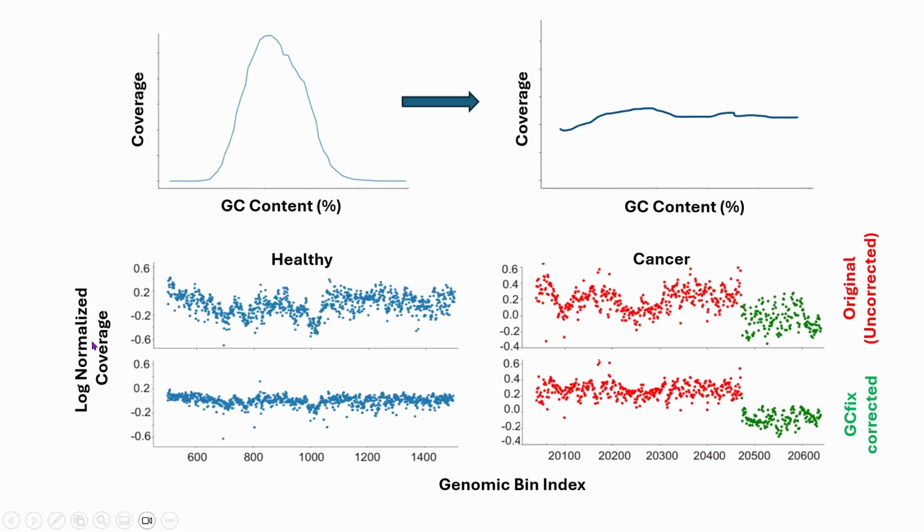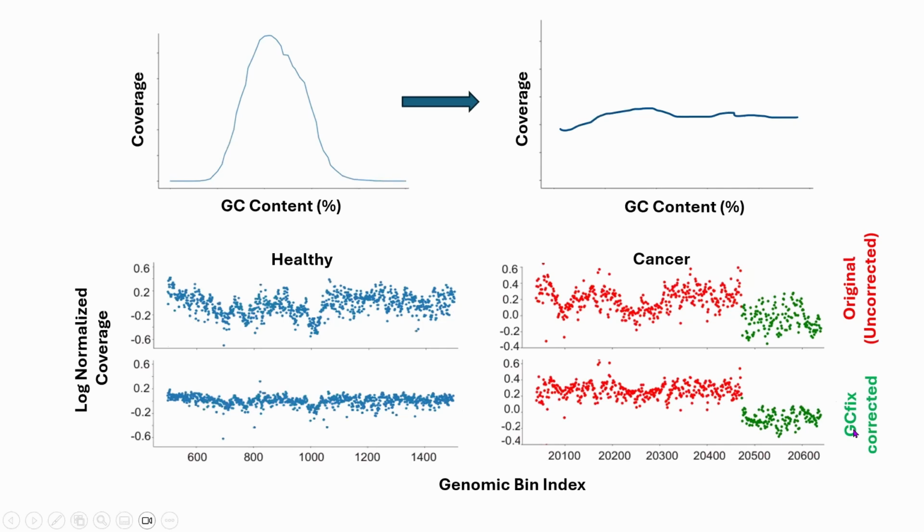You can see that the normalized coverage for the different bins is very, very different. They are very heterogeneous. Now, in a healthy sample, the coverage profile is not supposed to be heterogeneous. It is supposed to be very uniform across the whole genome. When we do the GC correction, you can see that after correction, the coverage profile is now very, very uniform.